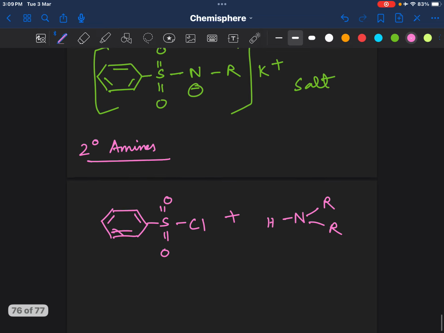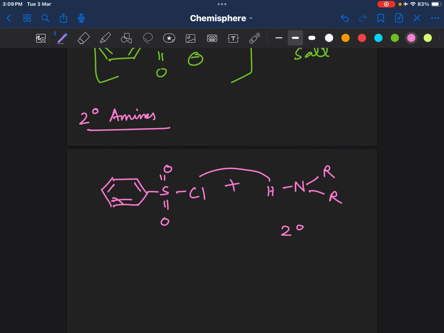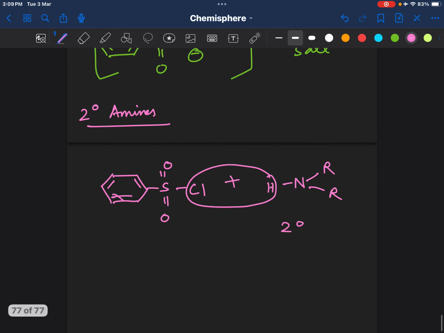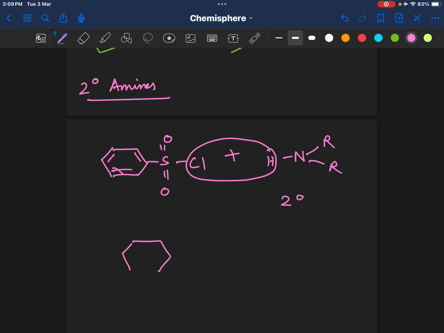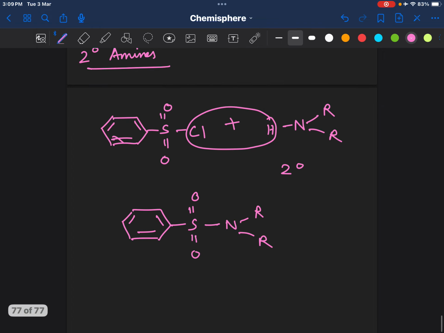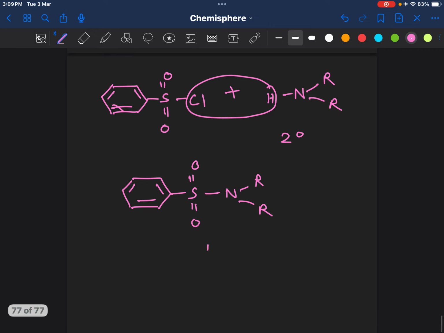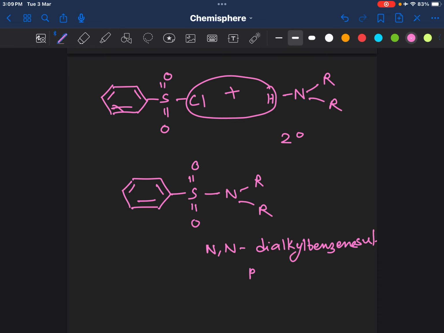This H and this Cl go to form HCl, so we get S double bond O, NRR. In general these are known as N,N-dialkyl benzene sulphonamide.